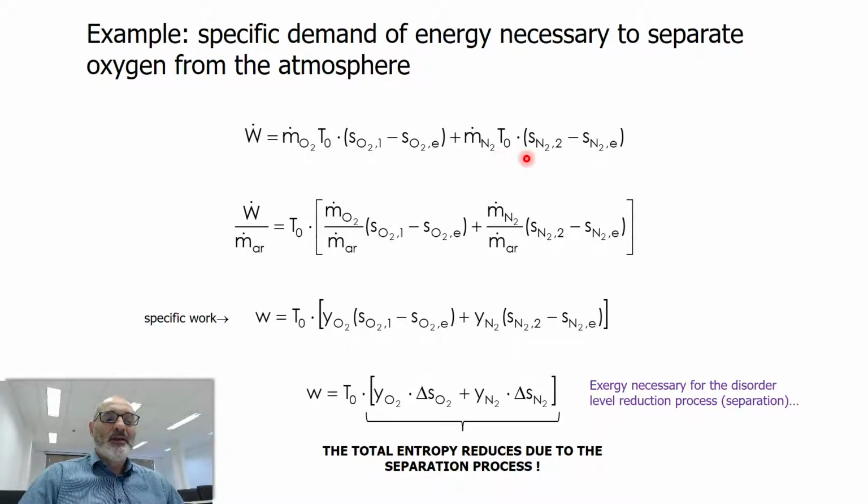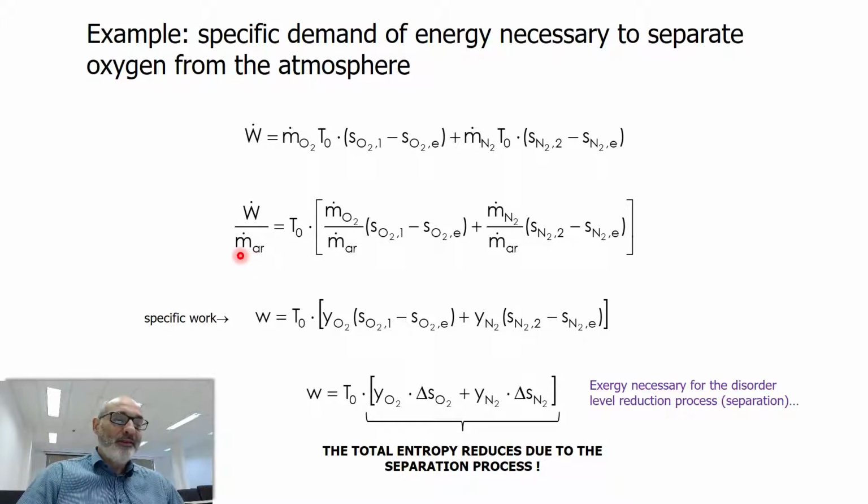And the same thing for nitrogen. Now I'm doing something: I'm dividing the whole expression by the total flow rate of air. This is not argon, this is air, because it's still in Portuguese.